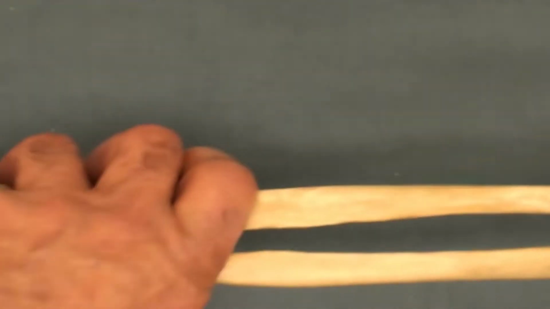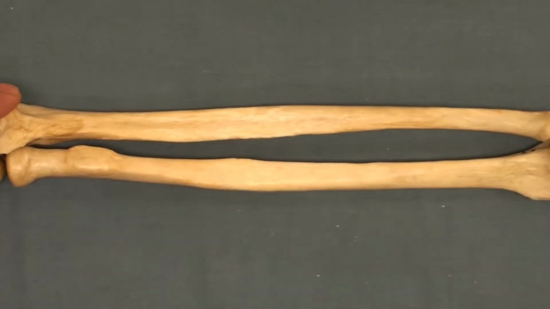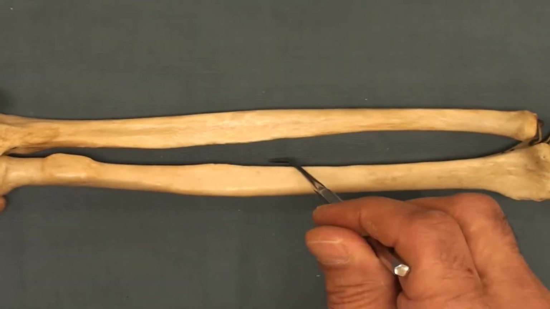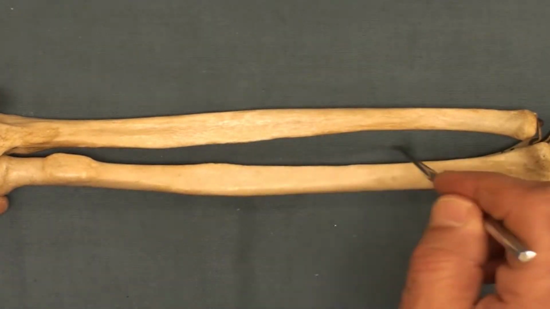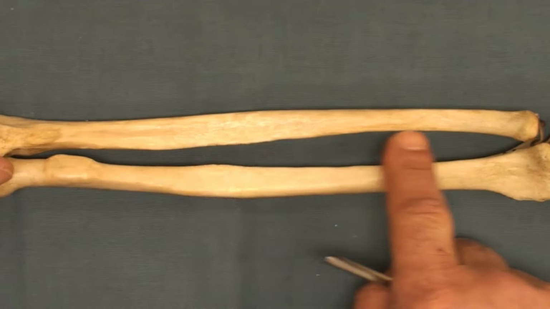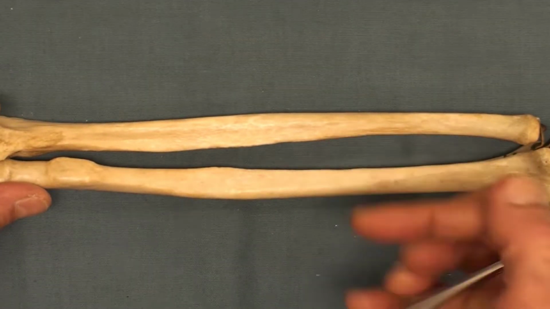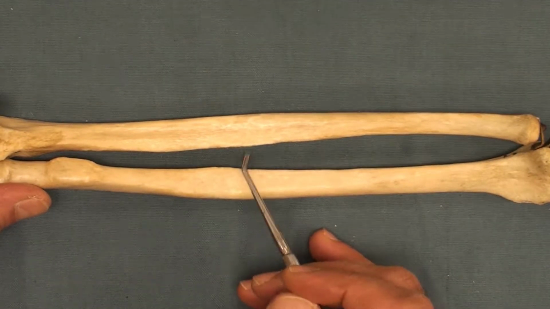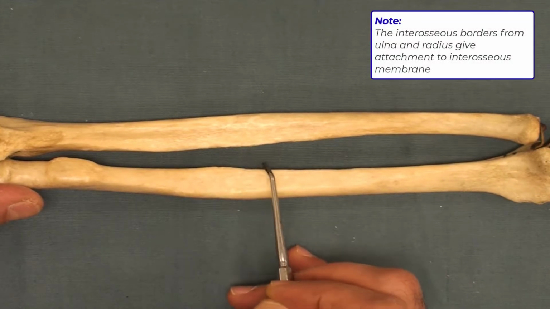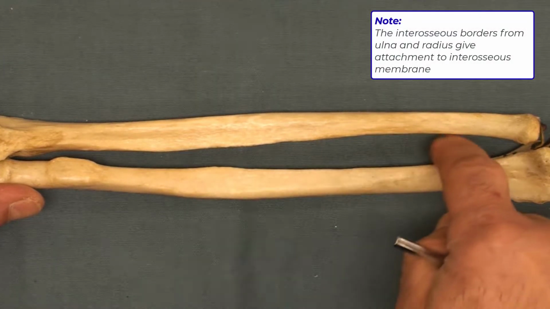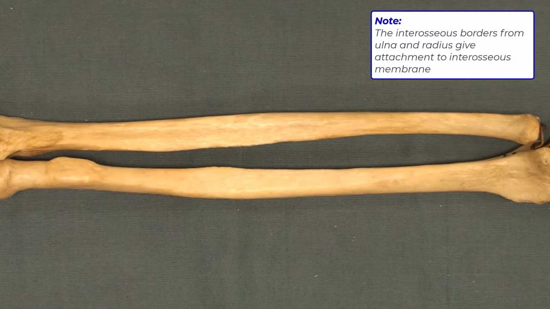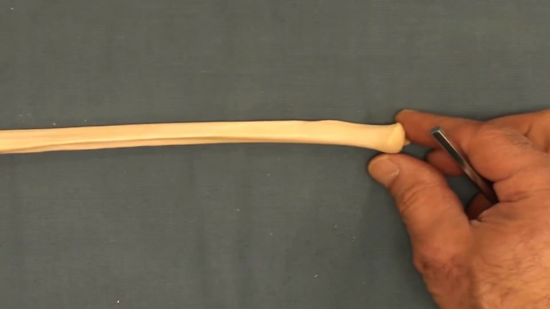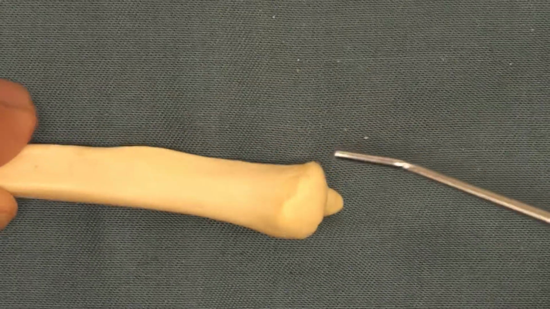When we put the radius and ulna side by side, see there is a gap between these two bones, right? That is the interosseous space, which is filled by the interosseous membrane. And these two borders, one from the ulna and one from the radius, give attachment to this interosseous membrane.